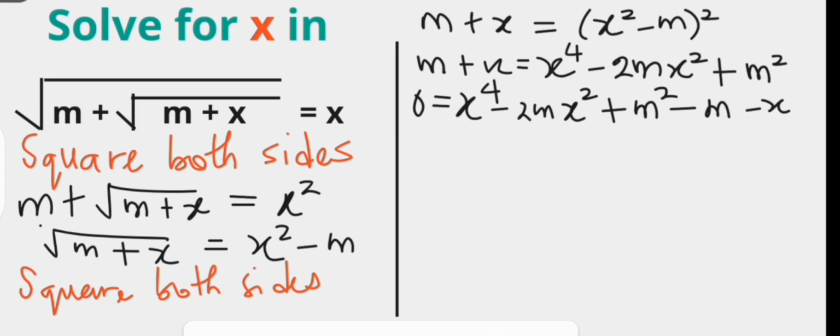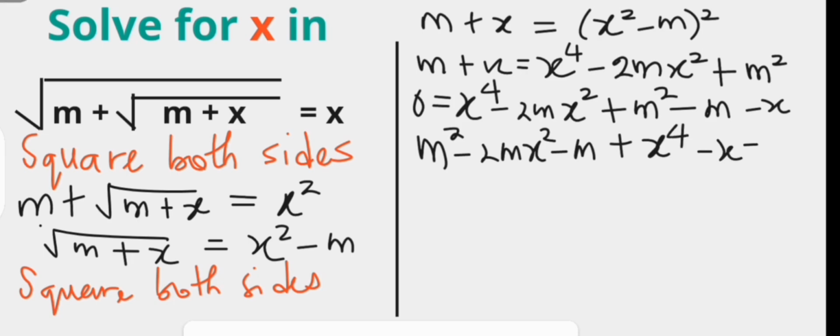Then rearranging with m as a variable, we will have m squared minus 2m x squared minus m plus x raised to power 4 minus x equals to 0.